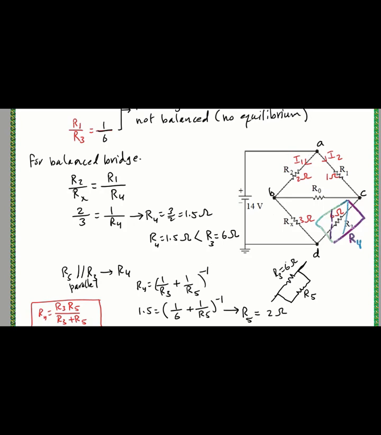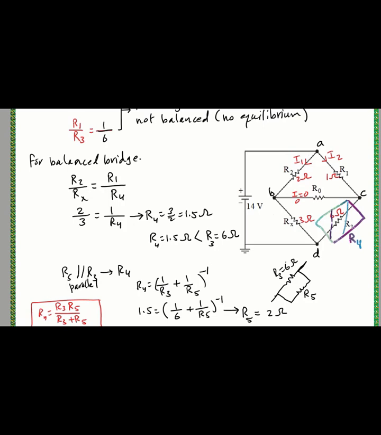Notice that the current in R0 is 0. So we can assume that R2 with Rx are in series and R1 with R4, not R3, because R3 will not satisfy the equilibrium condition. R1 plus R4 are in series.